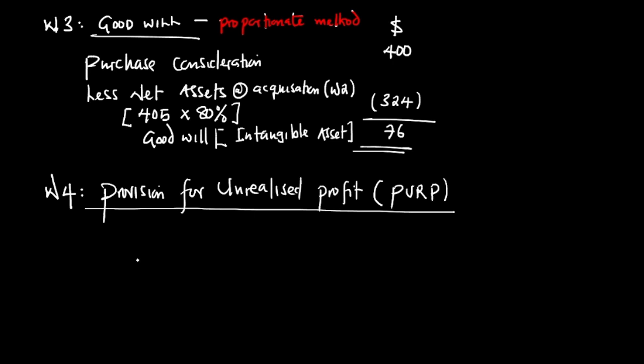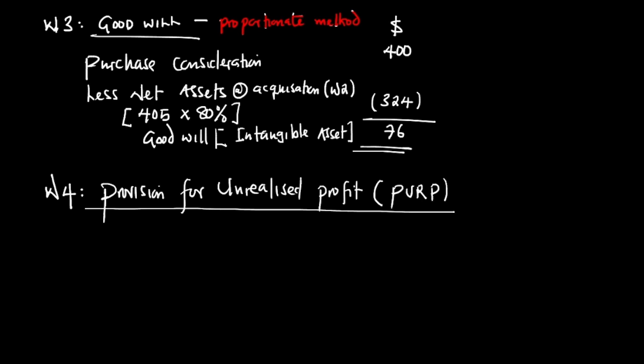So in that case, we call that unrealized profit. I'll give an example. Here's where you have a parent company. It has goods, for example, costing 100. Then it sells the goods to the subsidiary for 120. So what would happen is the inventory of the parent will reduce by 100. But for that of the subsidiary, the one that has bought, it will increase by 120. And then also the parent would have recorded a profit of 20 kwacha.